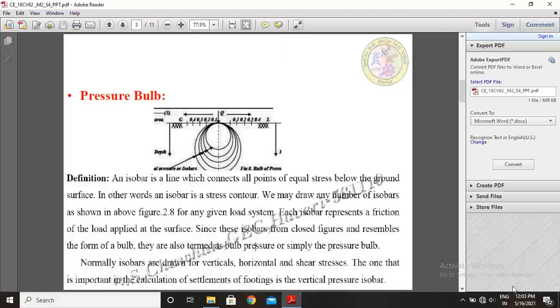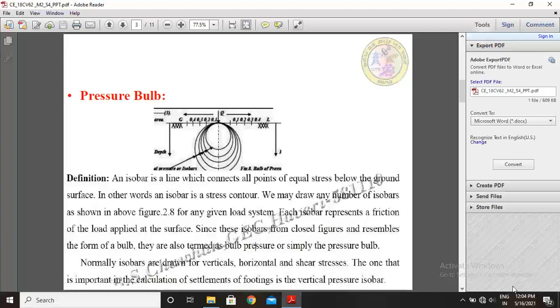In fact, an isobar is a special curved surface and resembles a bulb in shape. This is because the vertical pressure at all points in a horizontal plane at equal radial distances from the load is the same. Thus, the stress isobar is also called the bulb of pressure or simply the pressure bulb.